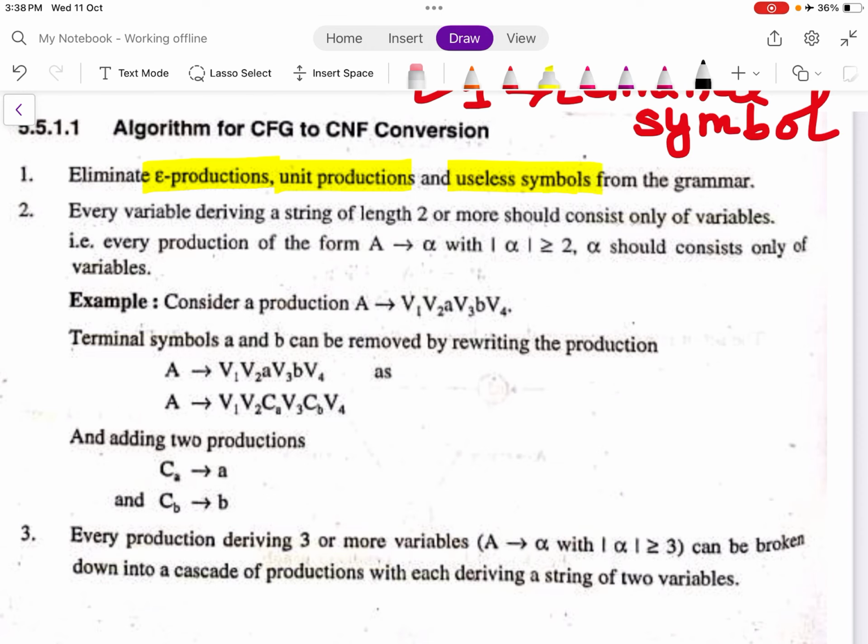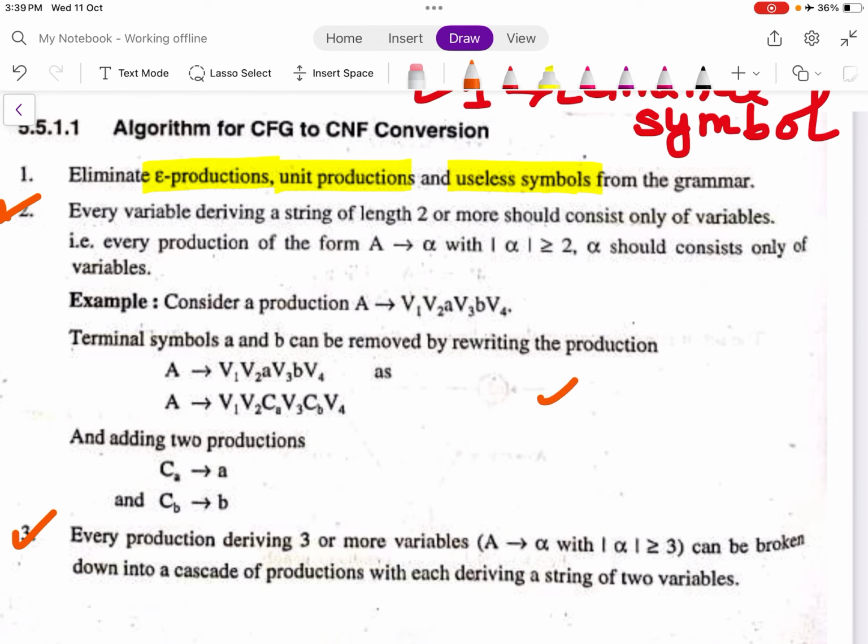The way we were doing to simplify the grammar, the same step has to be followed. Steps number 2 and 3 are the additional steps which have to be followed, which we were not following for simplifying of CFG. So step number 2 is every variable deriving a string of length 2 or more should consist only of variables, that is every production of the form A gives alpha with the length of alpha greater than or equal to 2, alpha should consist of only variables.